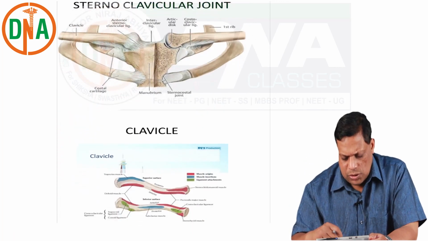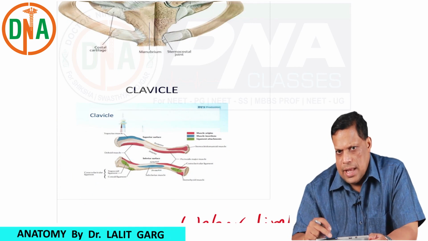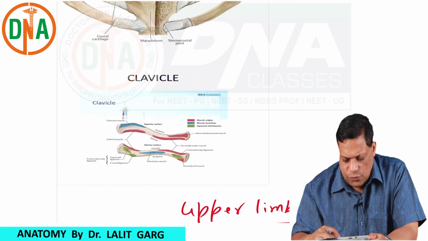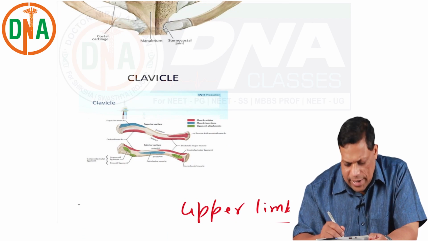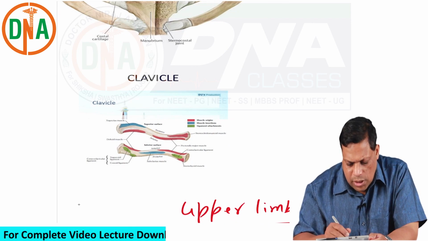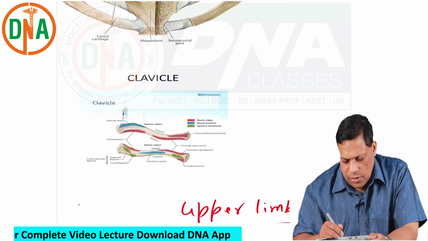Now all the bones provide attachment to the muscles. These are the skeletal muscles, shown with two colors, red and blue. Red color shows the origin and blue color shows the insertion of the muscle.